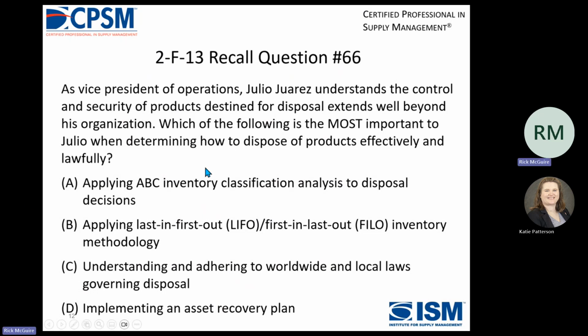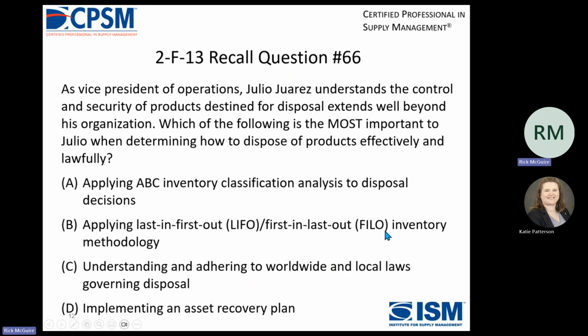As Vice President of Operations, Julio Juarez understands the control and security of products destined for disposal extends well beyond his organization. Which of the following is the most important to Julio when determining how to dispose of products effectively and lawfully? Applying an inventory classification? No. Applying LIFO, and these are accounting conventions.